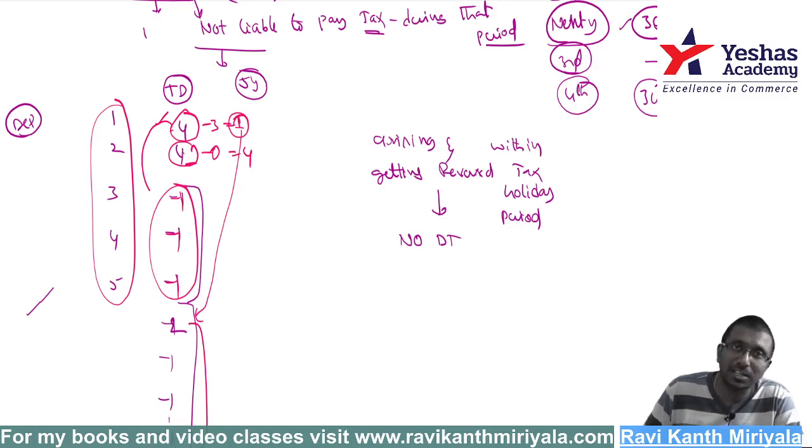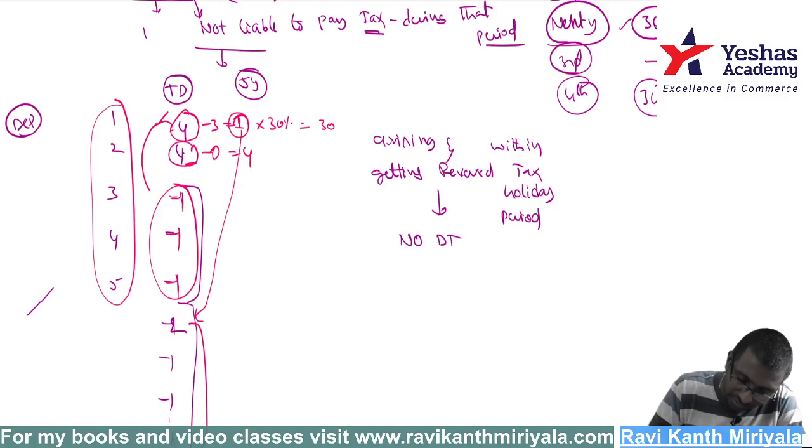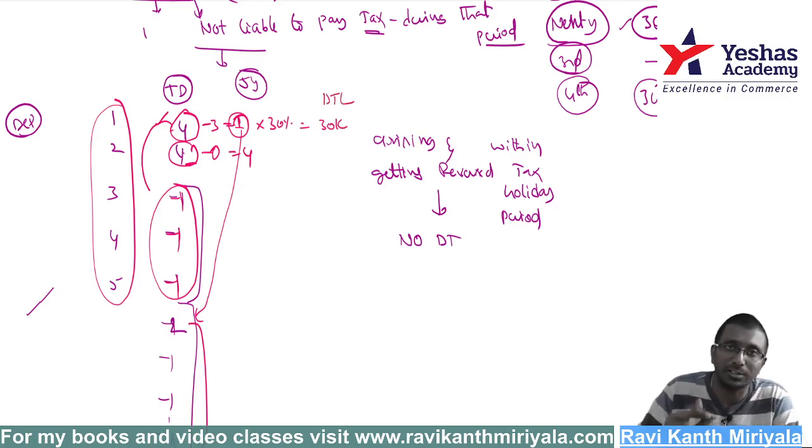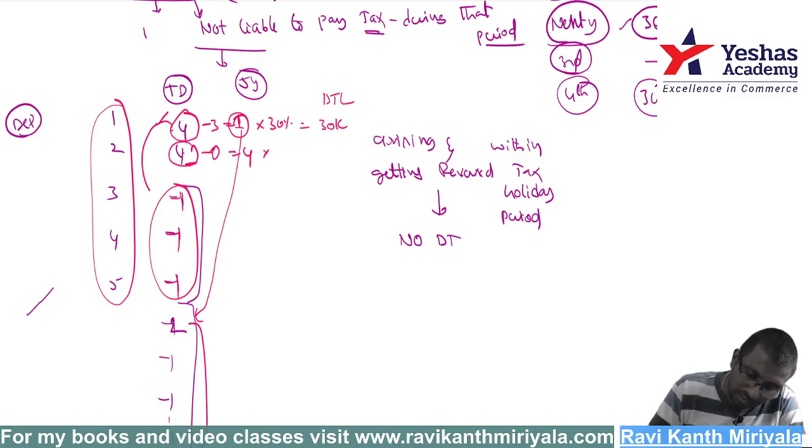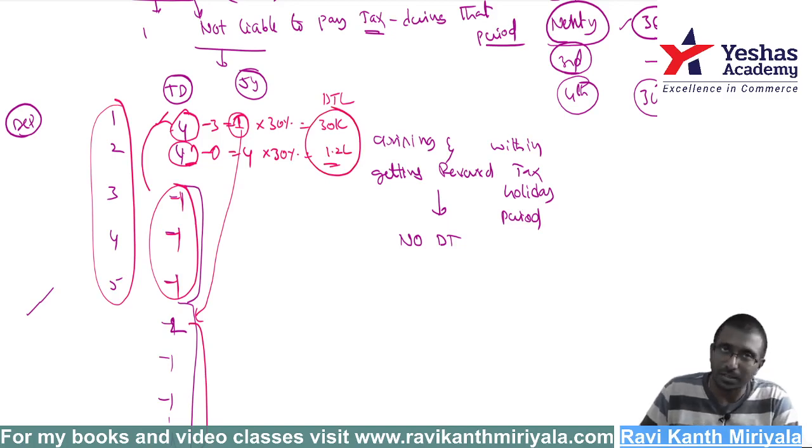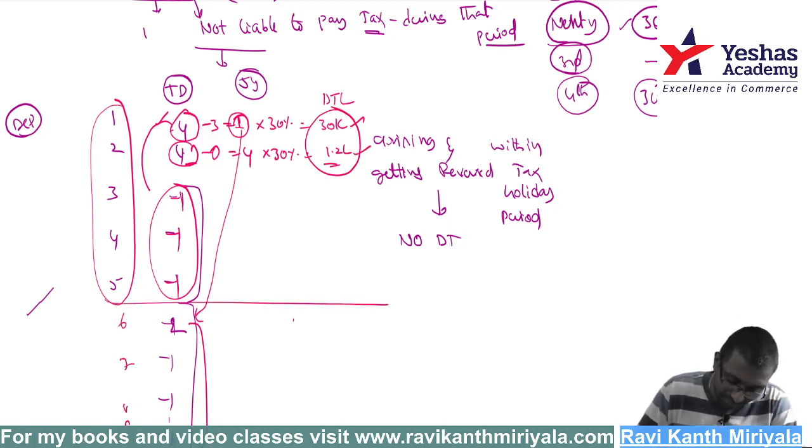Assume it is a deferred tax liability. Then I will say into 30%. So 30,000 rupees I should create as deferred tax liability immediately in the first year. Next year also 30%, so 1.2 lakhs you are supposed to make as deferred tax liability. But when are the 30,000 and 1,20,000 getting reversed? In the 6th, 7th, 8th, 9th years only.